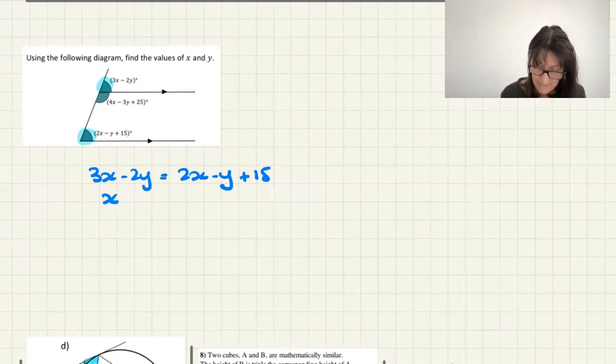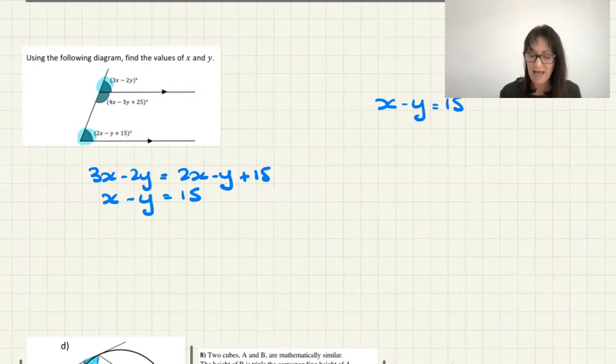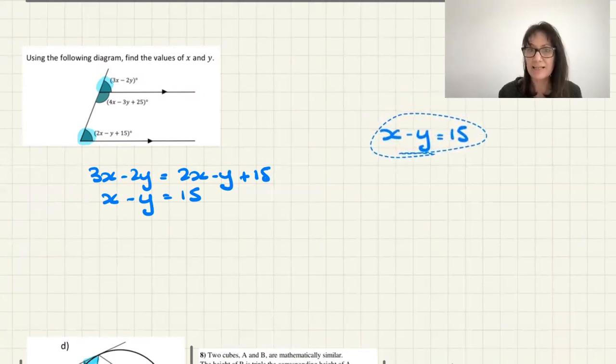And then this minus y will land as a plus. Minus 2 plus 1 is minus y, and that leaves the 15 on that side. So I've got x minus y equals 15 as my first equation.